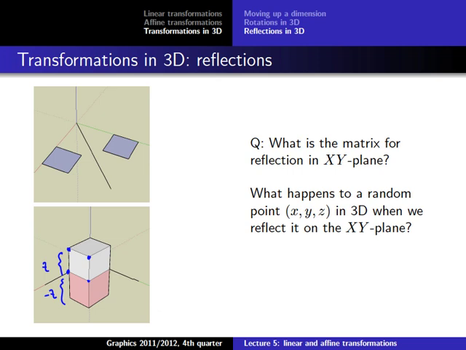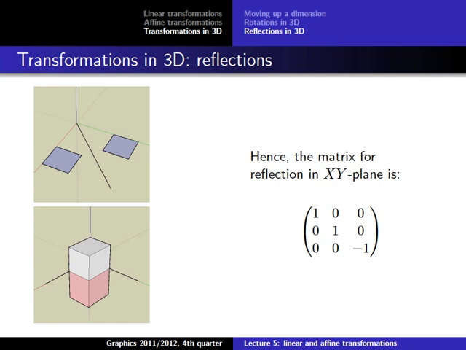So what we see here is that we can do this with a matrix where we have the x and the y value unchanged, and so we do the identity here, and then the z value just changes its sign, so we multiply it with -1. And again, if we also want to use this in relation to an operation that includes translation, then we of course also have to add the homogeneous coordinates here, and it looks like this. Good, so this is pretty simple.